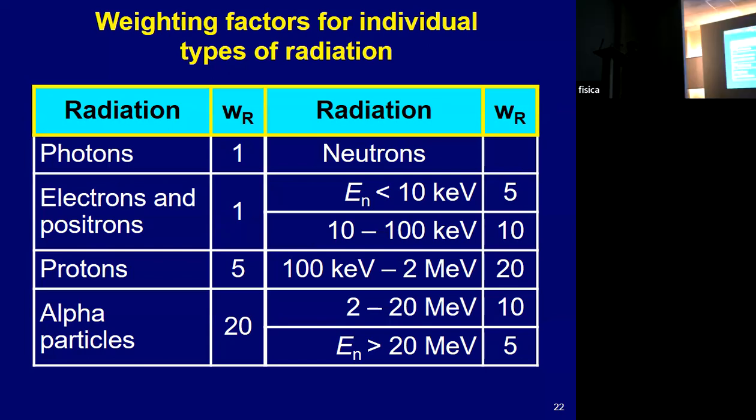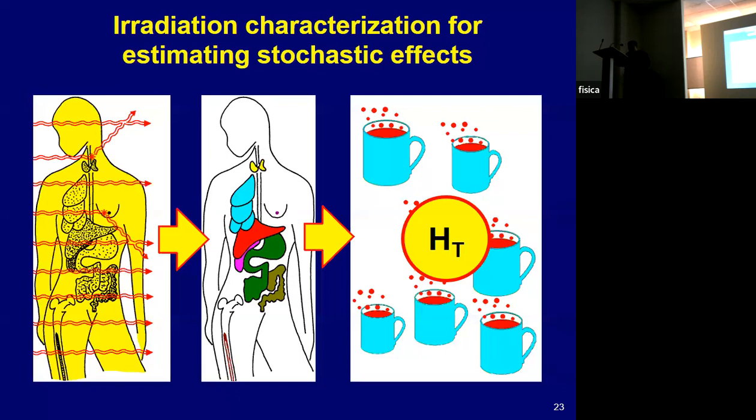And it is established on the basis of the RBE generalization for irradiation of organs and tissues by various types of radiation. Unlike the values of RBE coefficients determined for specific exposure conditions, the values of radiation weighting factors do not correlate with any particular effect of radiation in humans. They characterize the development of any stochastic effects.